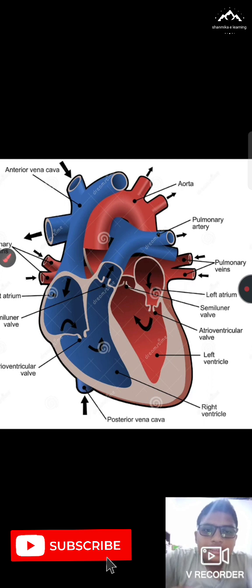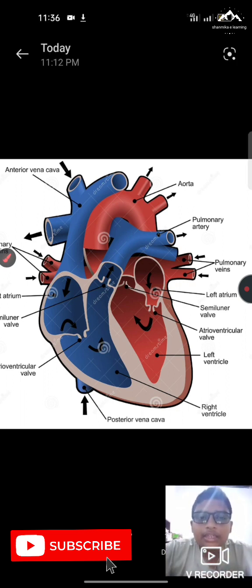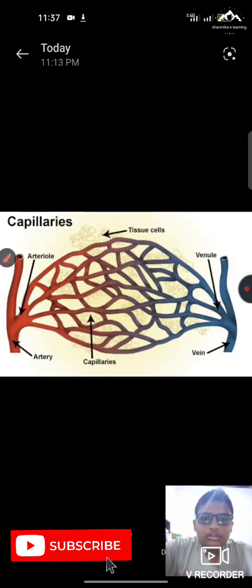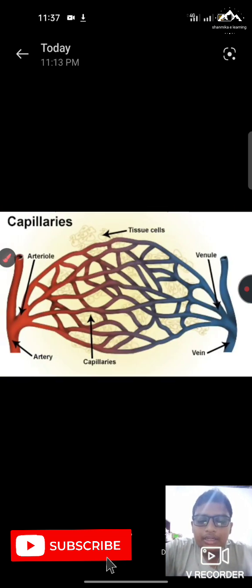Here you can see some arrows coming out from the aorta. Those are known as arteries. The main blood vessel is the aorta, and it is divided into branches which are known as arteries. You can see the artery also, which is in red color.